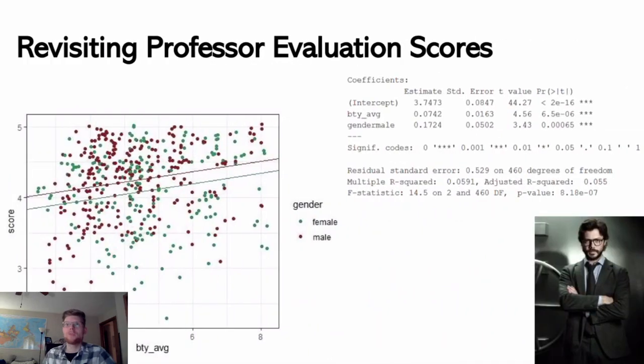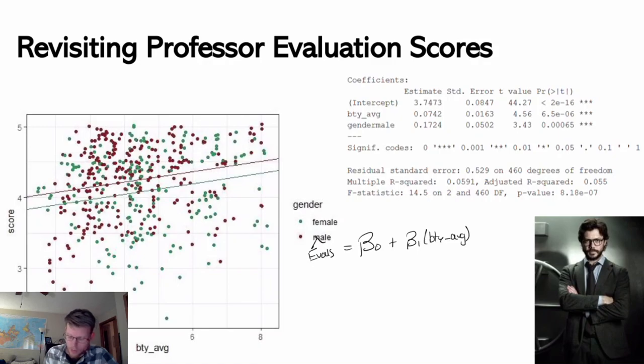So one option we have here is to treat this as an additive relationship, just like we did before, where we have y hat equals some intercept plus the relationship with beauty average. And I'll call this actually what it is, and that's eval scores.